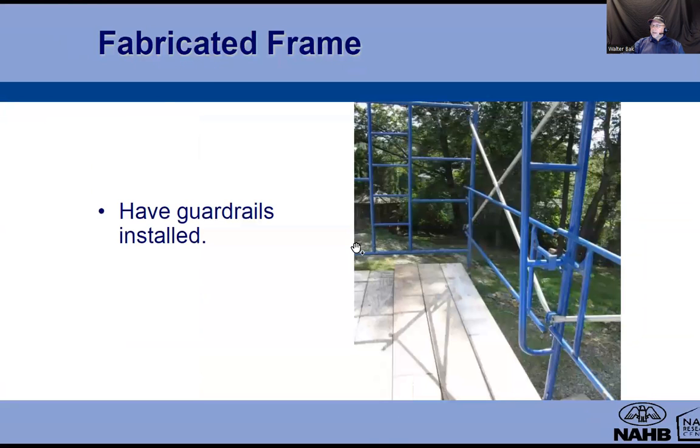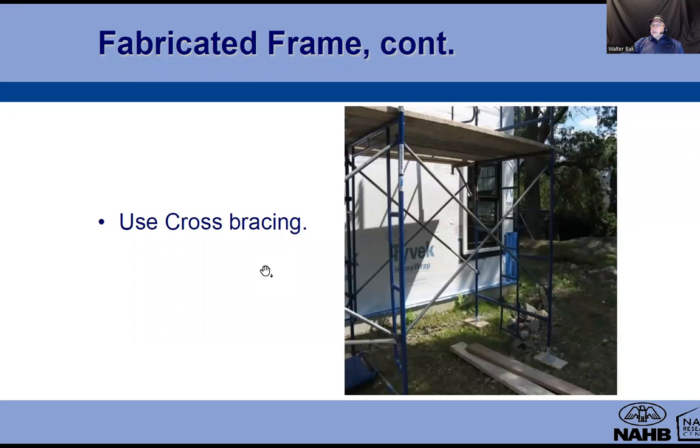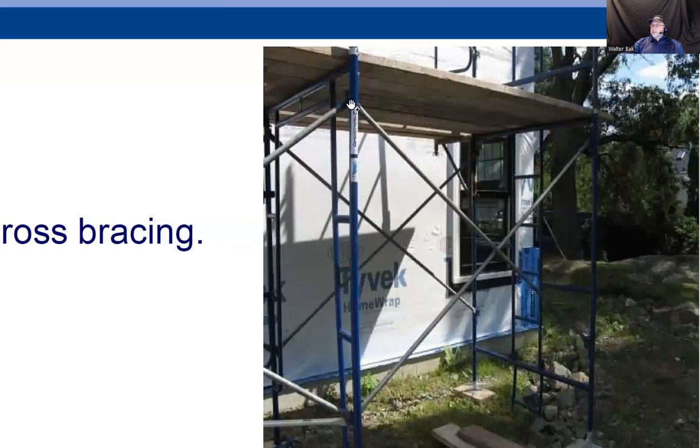All right. Now, guardrails. Important to have guardrails. These will be the guardrails, so you can walk on the platform and not fall off. Makes sense, right? Cross bracing, important. What are cross braces? Cross braces are these structures right here, and there's a pivot right there.